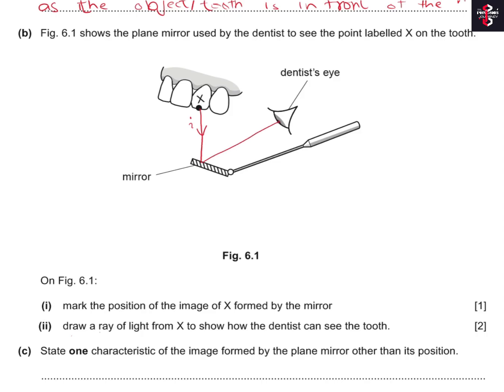It falls on the eye of the dentist. Here I will draw a normal. This is theta r, the angle made by the reflected ray. This is theta i, the angle made by the incident ray.